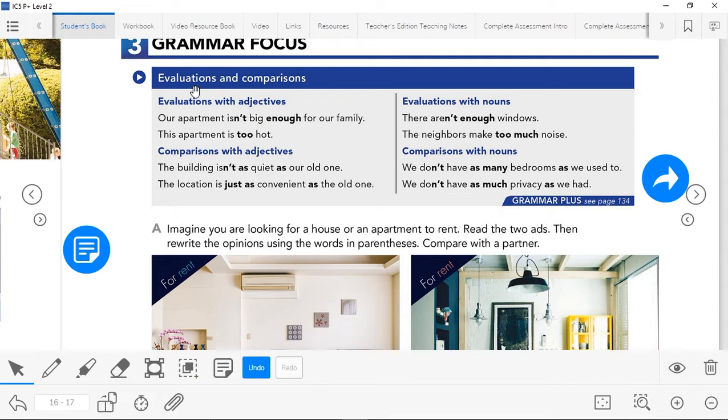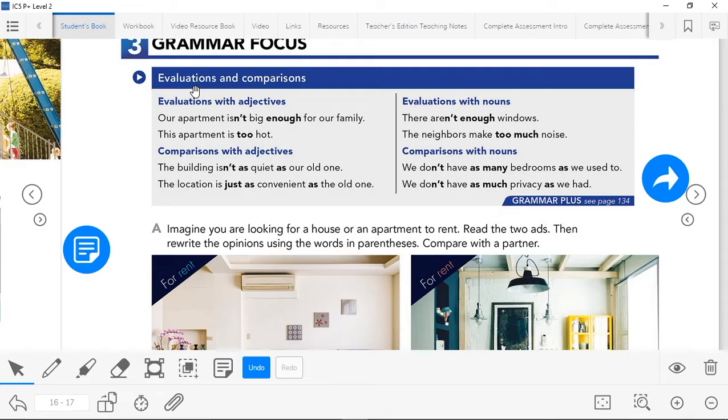An evaluation, if you don't remember, is when you say the characteristics of something. You say that something is good, something is bad, it has this, it has that. And a comparison is when you take two different things and you say this has this and this has that, or this has something that this other thing doesn't have.